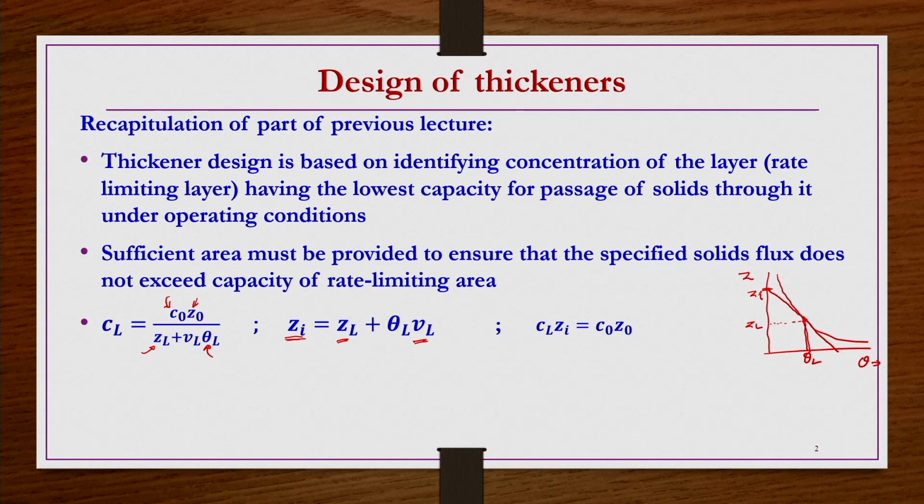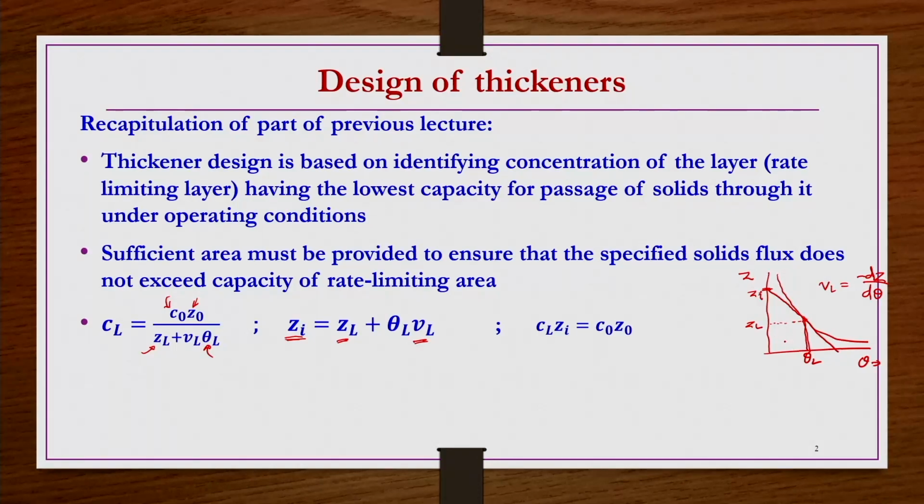Or that settling velocity you can simply find out: VL is equal to minus dz by d theta. If you do minus dz by d theta, you will get VL, the settling velocity of the particle at time theta L here, right.